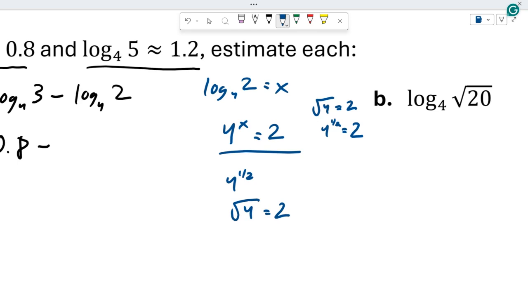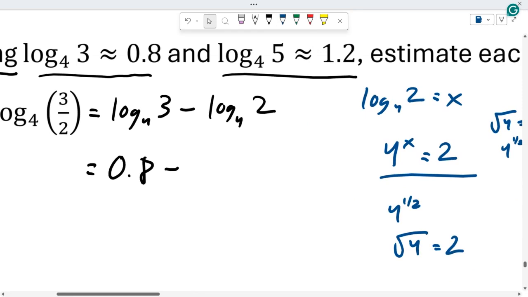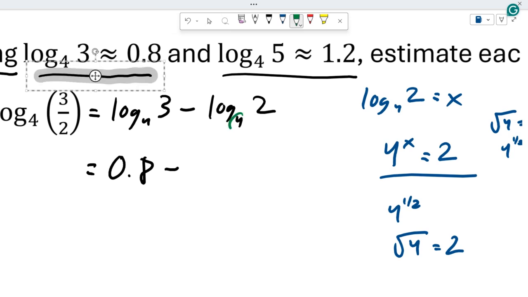So getting back to the original problem, try to recognize that ultimately logarithms are exponents, and you're answering the question of what exponent I want to raise my base, 4, to that's going to result in a 2.